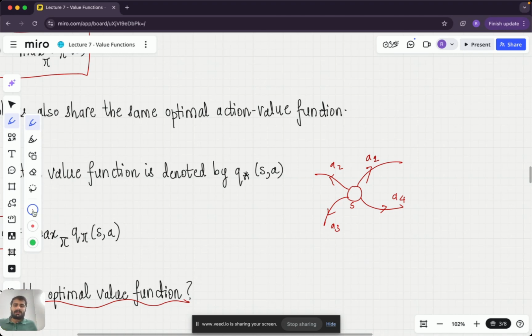So, in other words, what we are trying to do is maximize the action value function. We are trying to find actions which maximize the action value function for every state.